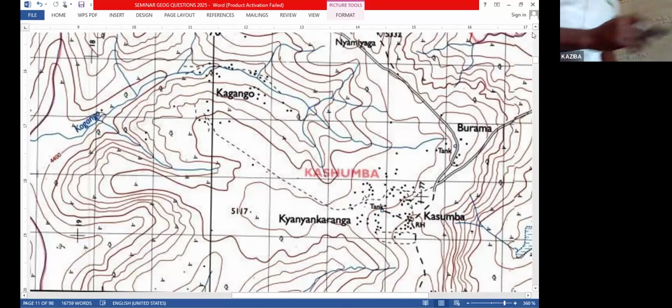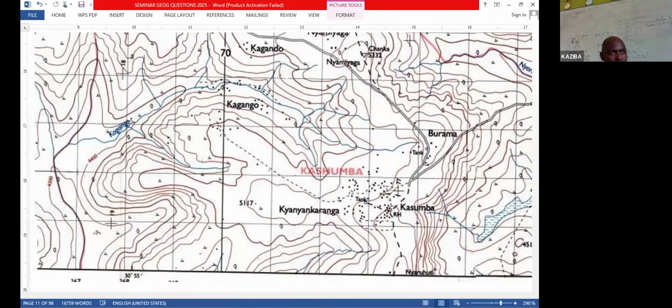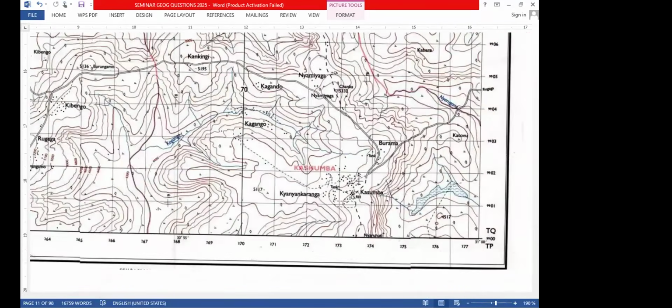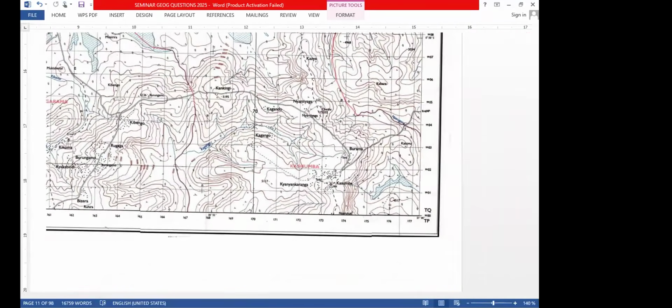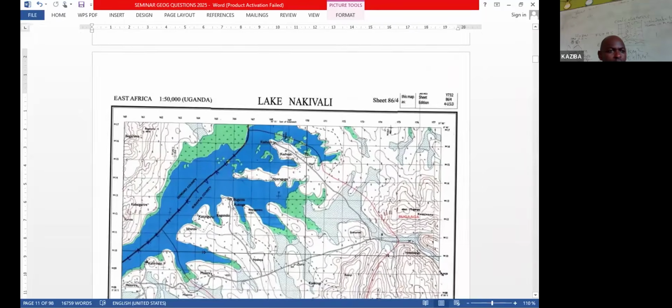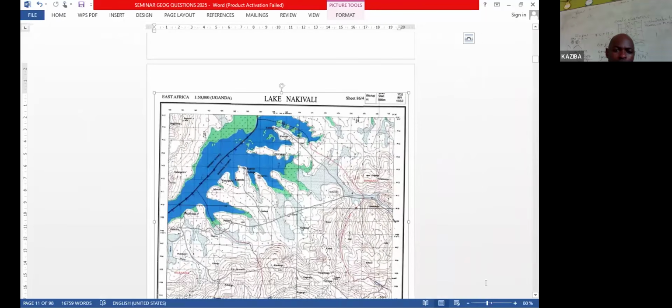For example, we have this map. They can tell you to calculate the area covered by Lake Nachi Valley in square kilometers.